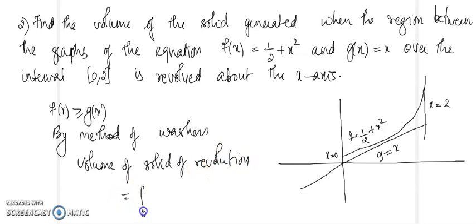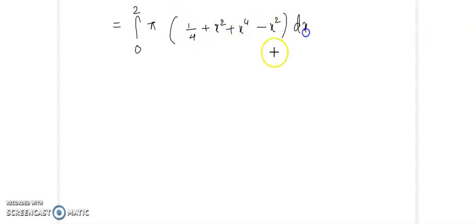So that will be equal to integral 0 to 2 pi 1 by 2 plus x square whole square minus x square dx. So simplifying this we will get, so that will be equal to integral 0 to 2 pi. So we will get 1 by 4 plus x square plus x raised to 4 minus x square dx.